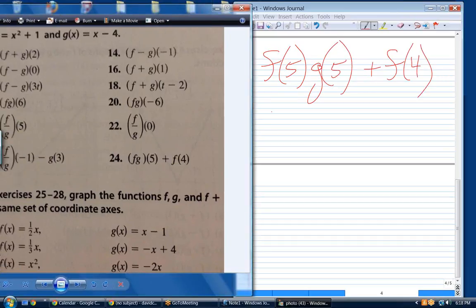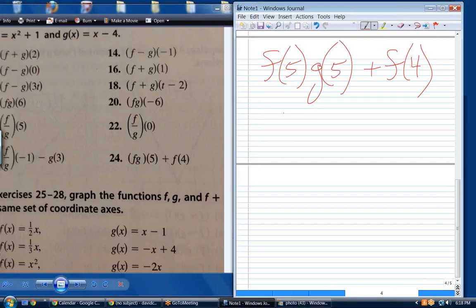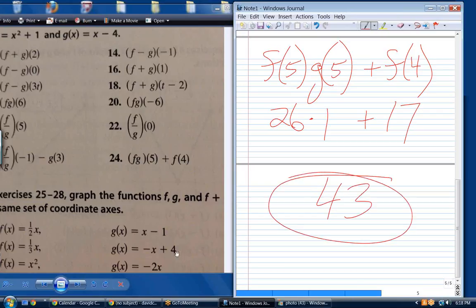It would be 26, times g of 5, which is 1, plus f of 4, which is 17. 43 should be the answer.